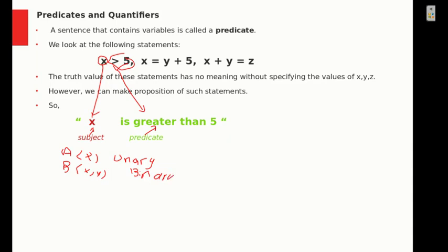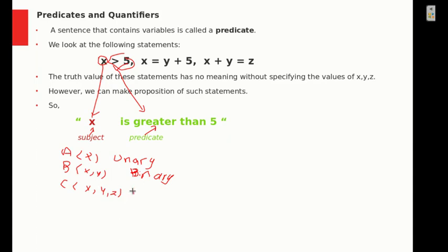Sorry, my writing is not good, but as long as you understand. And for x, y, z we put C of x, y, z, and this is called a ternary predicate.